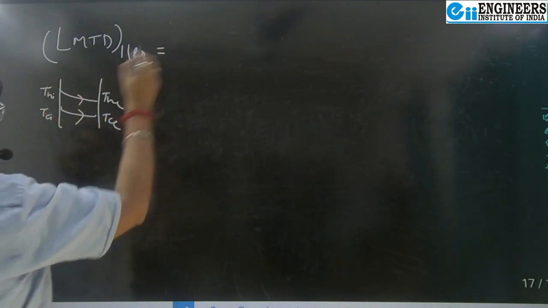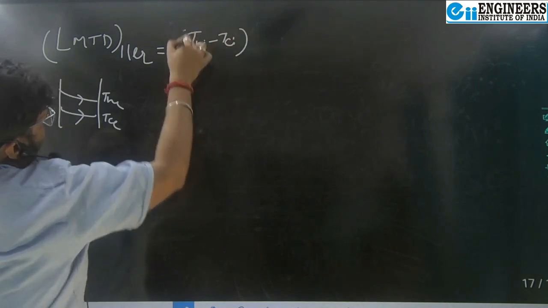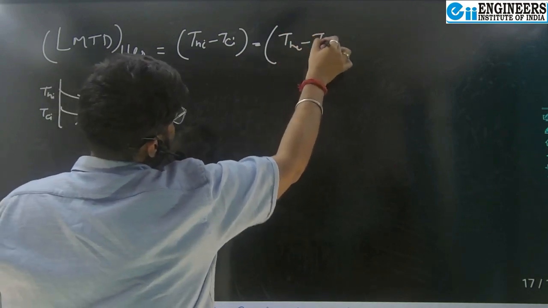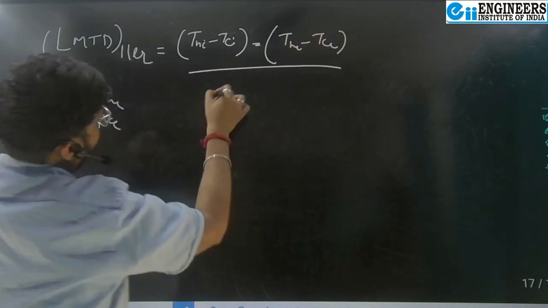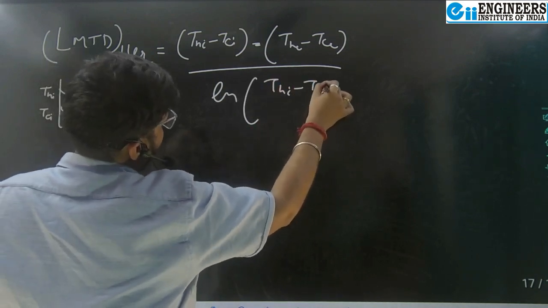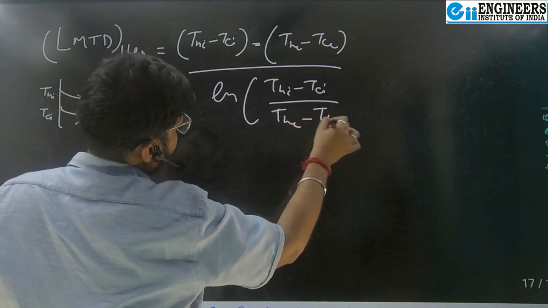LMTD is Thi minus Tci minus (The minus Tce), divided by ln of (Thi minus Tci) by (The minus Tce).